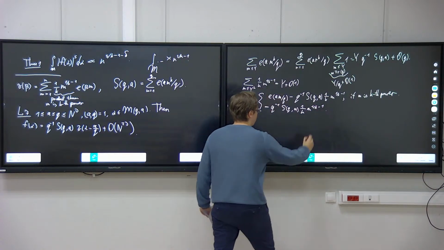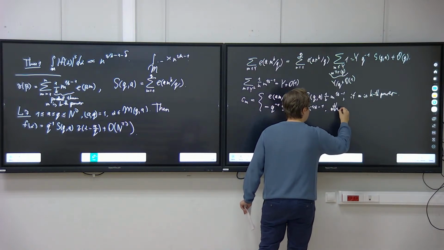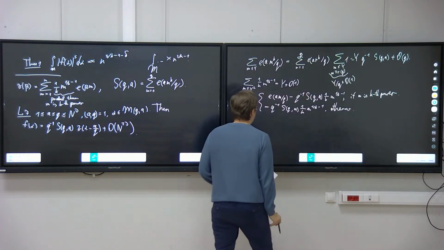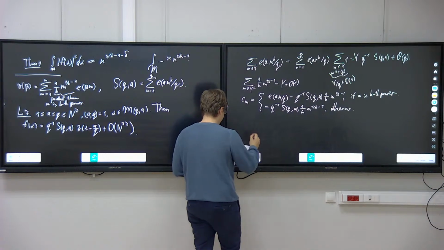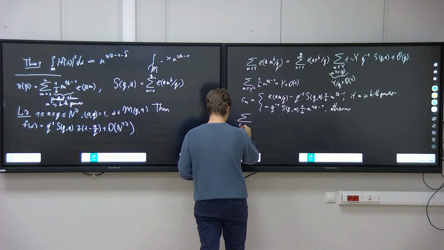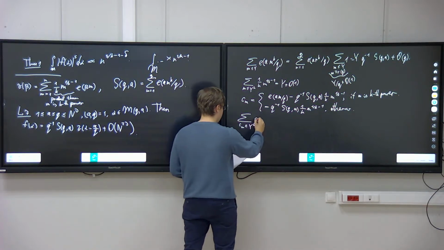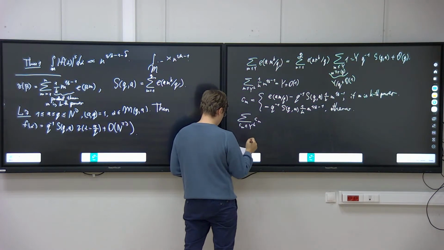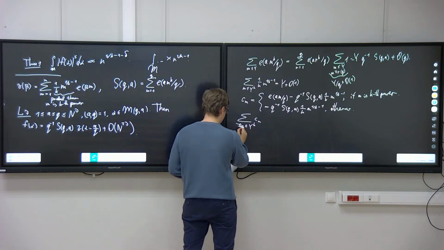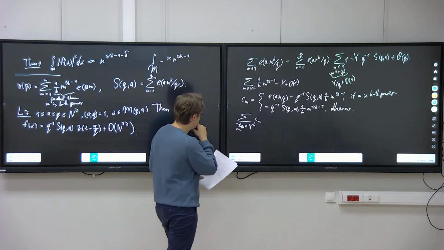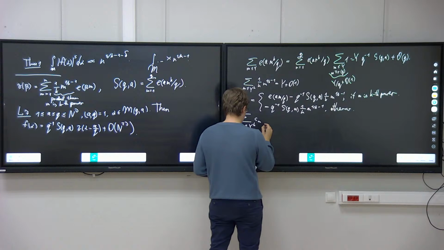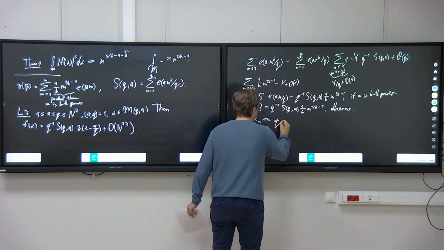And we see that the sum of c of m, for m less than y to the power k, is less than q.